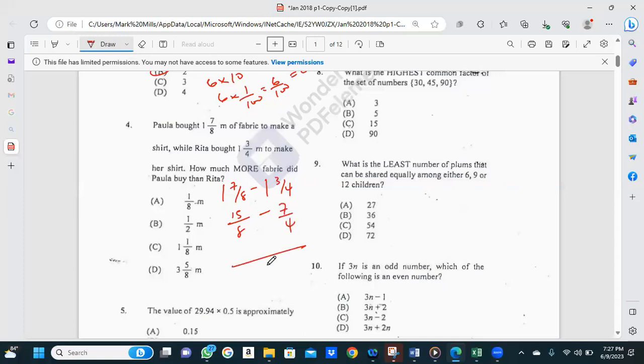The LCM will give me 8, right? So this one goes here, 1 time, and 1 time gives me 15. Minus this one, 2 times, and 2 times gives me 14. So we get 1/8. So the difference has been 1/8 meter. Follow?